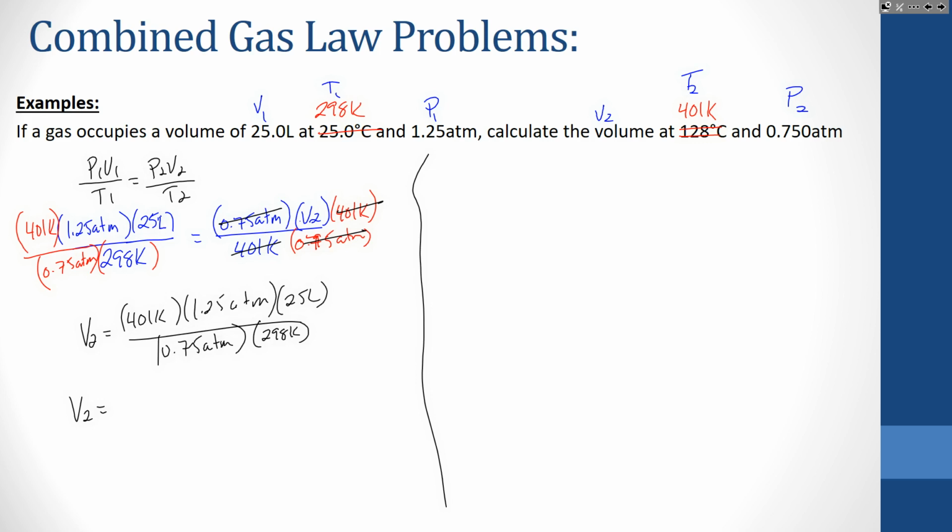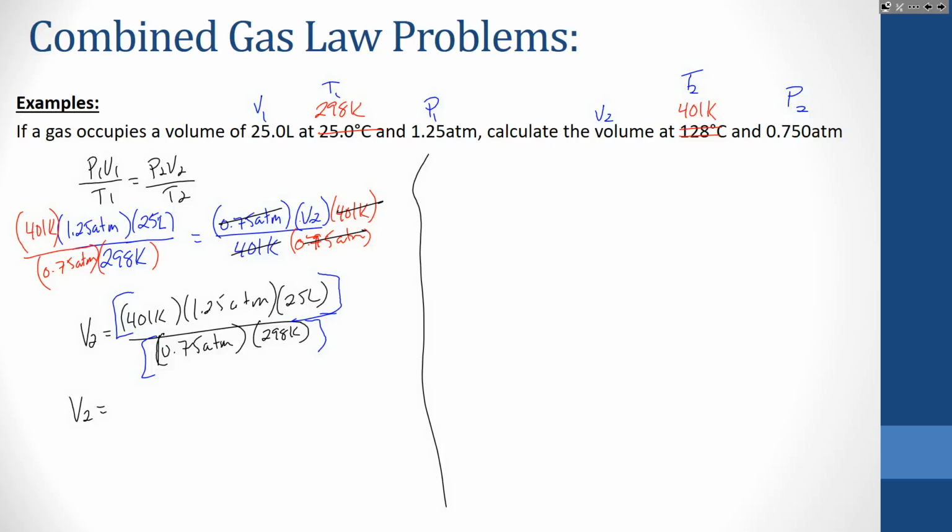Now when we solve this out, you must follow order of operations. You have to do the math in the numerator, then the math in the denominator, then divide. You can't just punch it into the calculator the way you see it. So the way I set this up is 401 times 1.25 times 25. That's the top, so I hit enter.